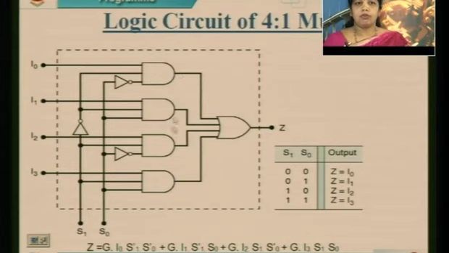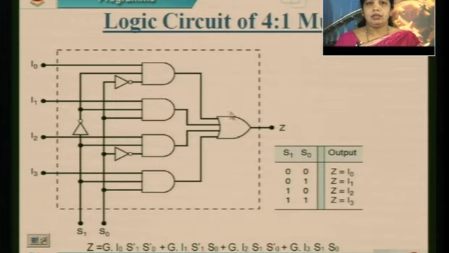This output comes to the OR gate, which selects out of all 4. Since I am sending S0, S1 as 0 0, this gate will be high and the rest of the gates are low. The output of the second gate is low, the third gate is low, the fourth gate is low. Only the output of the first gate will be high, so my output over here is I0. Nowhere is I1 coming into the picture, and I2 is not coming over here.